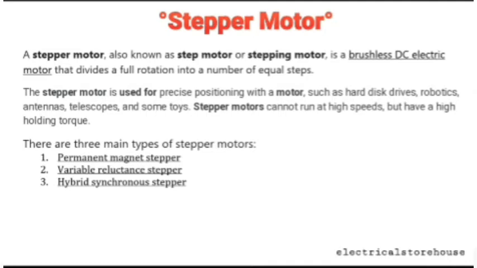Typical steps are 2 degree, 2.5 degree, 5 degree, 7.5 degree and 15 degree per pulse. These motors are built to follow signals as rapid as 1200 pulses per second and with equivalent power ratings up to several kilowatt.